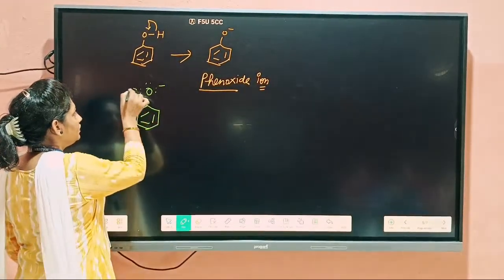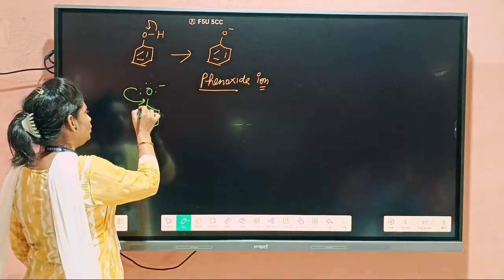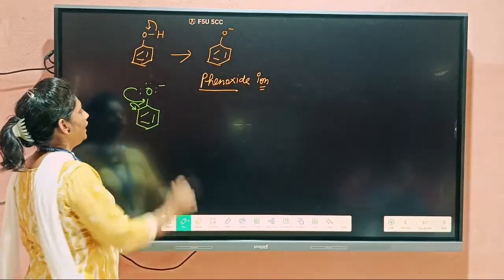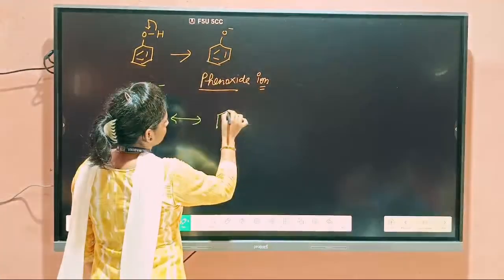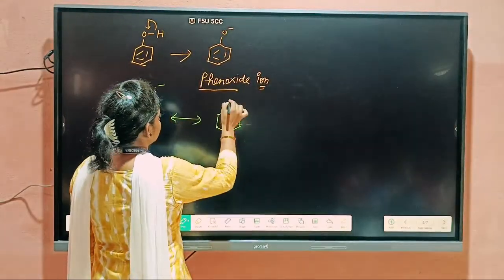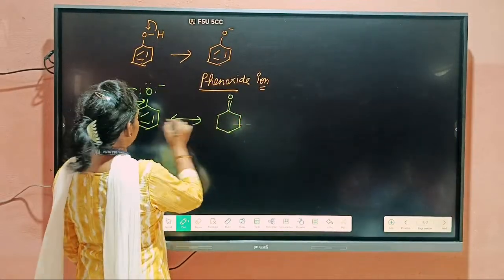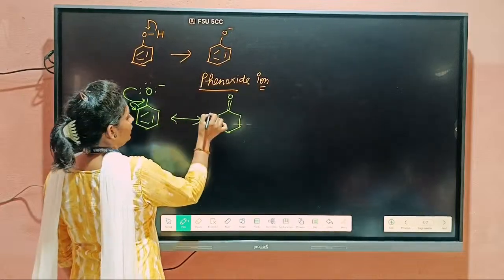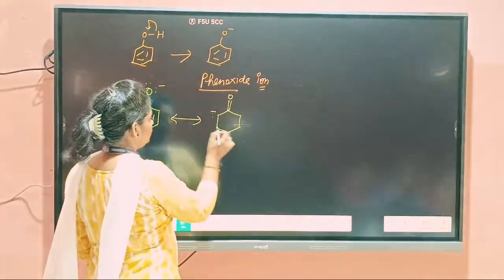So here these electrons can form a bond and move to this position. Then a double bond will be there. Then this bond shifts here, so the negative charge will go on this carbon.